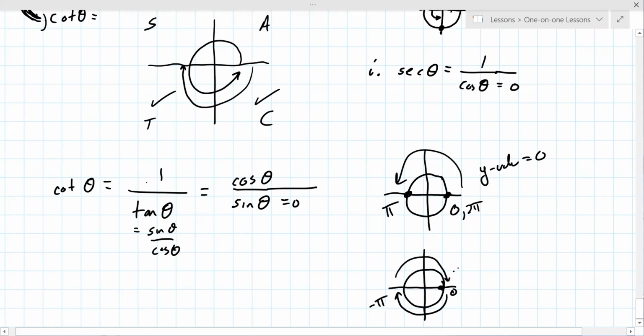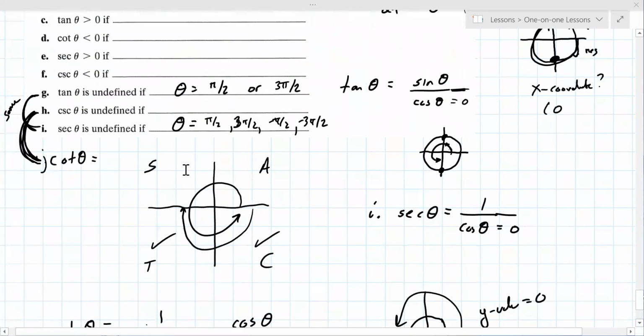If you keep going, that's minus 2 pi. Any of those would be totally acceptable. You probably want to cover the positive ones first, 0 and pi. So theta equals 0, pi, minus pi, minus 2 pi. It actually goes on forever.